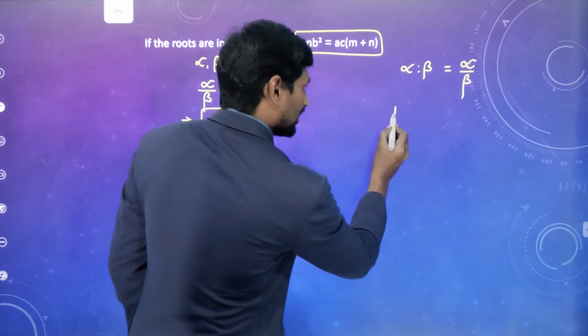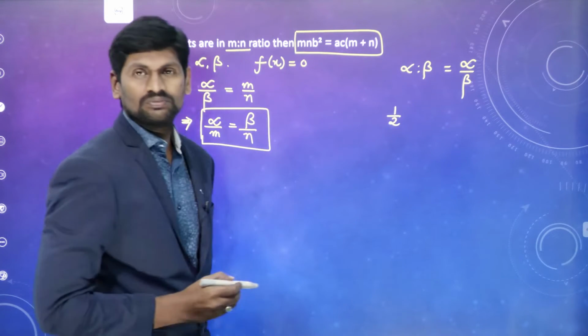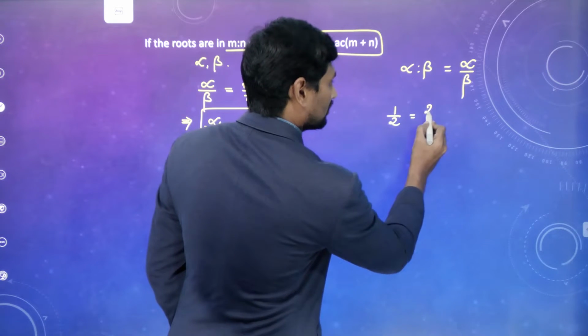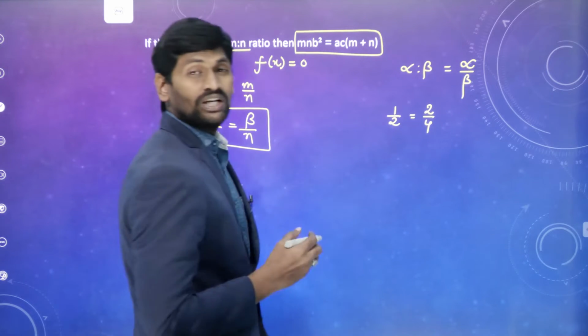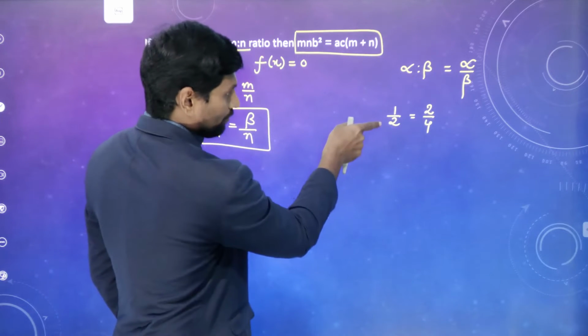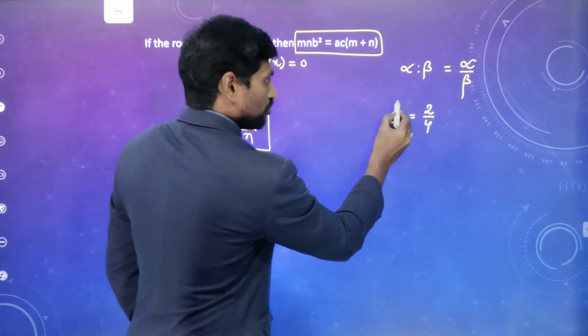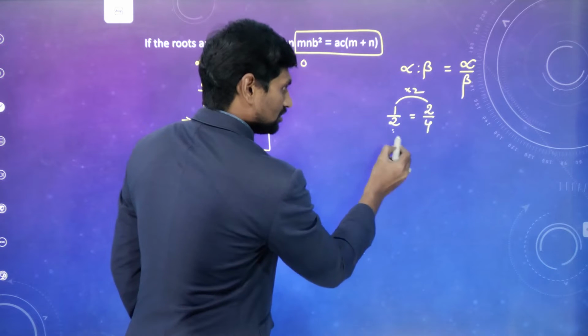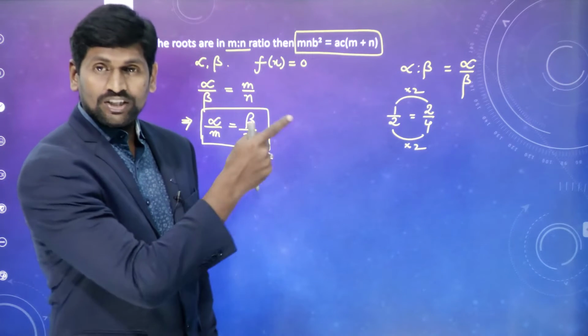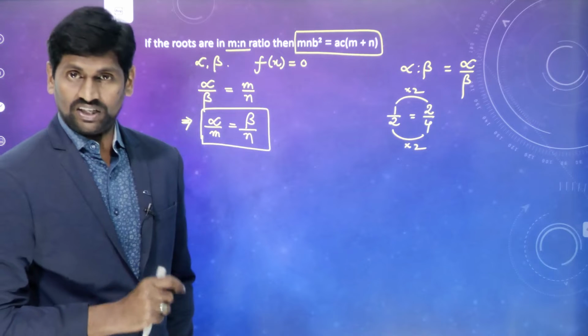For example, you can take 1 by 2. What is its equivalent value? We have more equivalent values like equivalent fractions 2 by 4, 3 by 6. I am just multiplying 1 by 2 with 2. 1 2s are 2, 2 2s are 4. So 1 by 2 and 2 by 4 are equivalent fractions.